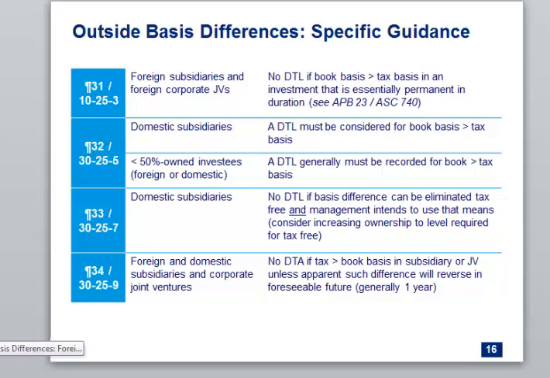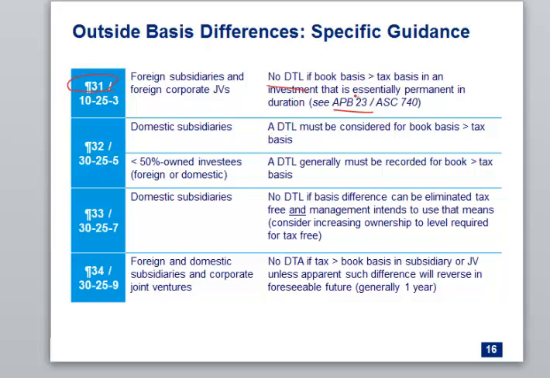These are the rules that deal with the outside basis differences. This can be a little confusing depending on what your fact pattern is. These are the old FAS 109 sites with the ASC 740 sites below it. But like paragraph 31 of FAS 109, that was the rule that said no DTL if you're APB 23.